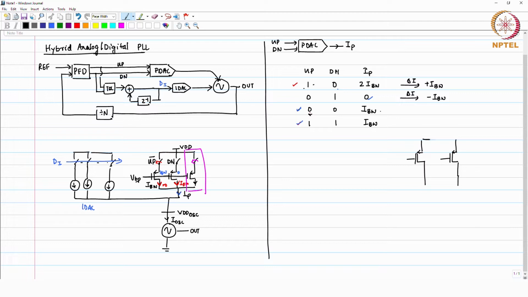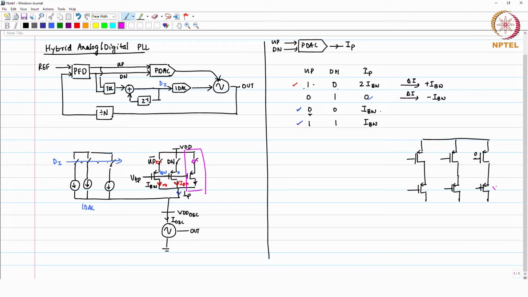Okay, these are the switches, and then the third one is something which you can always have as a fixed, always-on bias current which is flowing through the oscillator, and then you have the actual current sources. Okay, you can have different multiplication factors here.